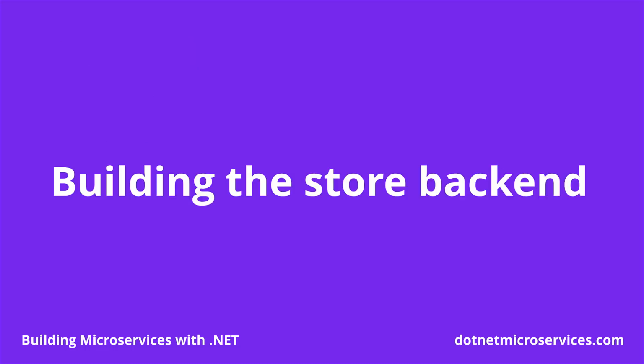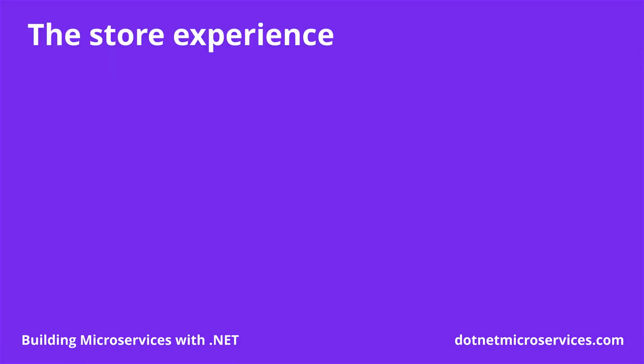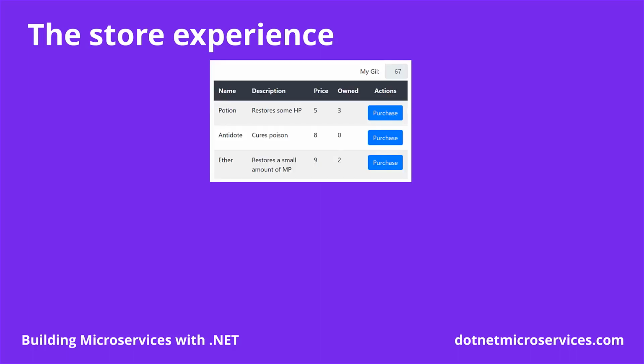In this lesson, you will get an overview of the new store experience enabled in the updated front-end portal and what back-end pieces need to be built to support it. In this module, you will integrate an updated version of the front-end portal with your microservices, specifically the new store section.